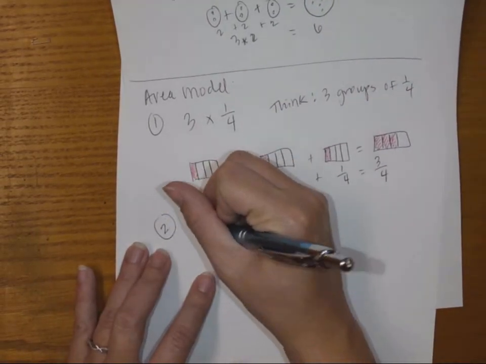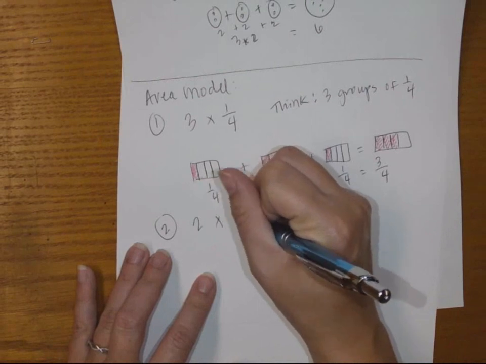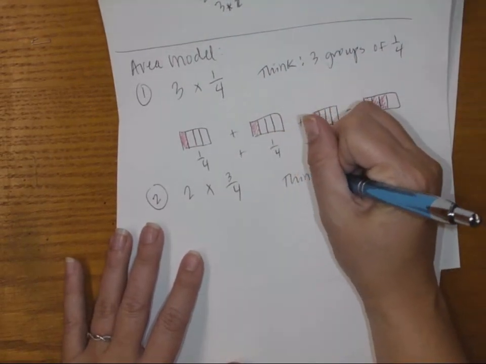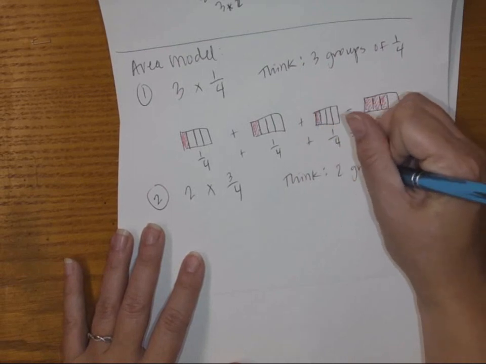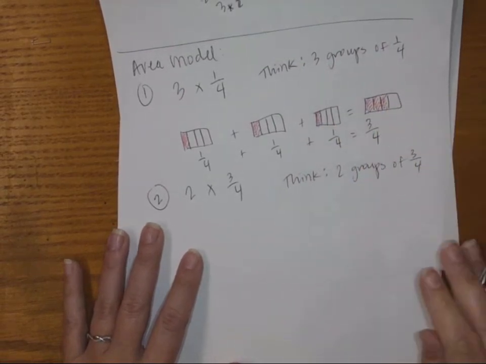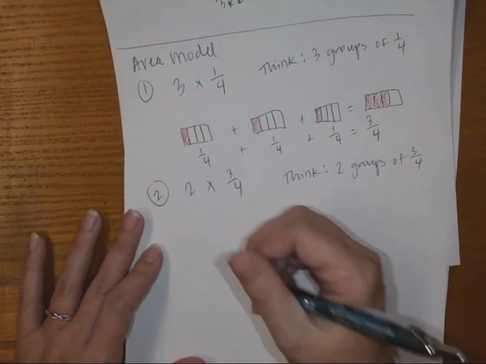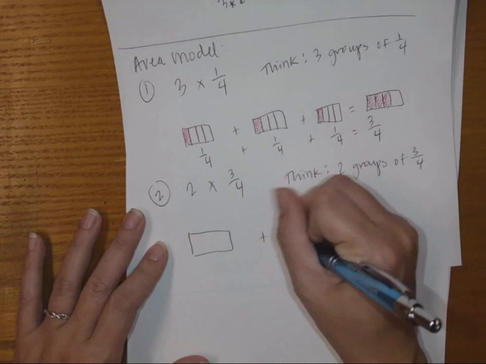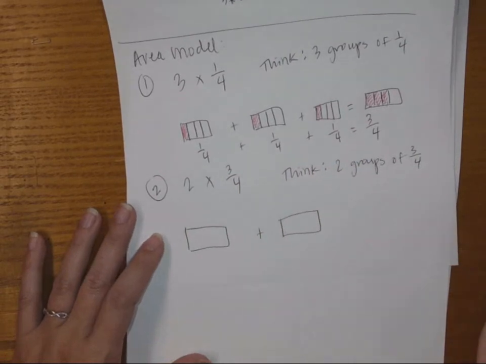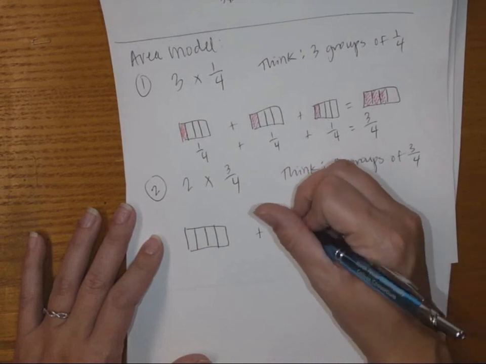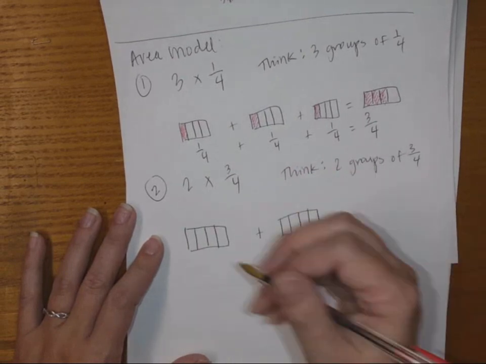So if I wanted to do 2 times 3/4 this time, my thought process for this one is 2 groups of 3/4. So 2 groups. So here's 1 group. Here's my second group. I want to show 3/4, so I'm going to split it into 4 parts, shade in 3 parts out of 4.